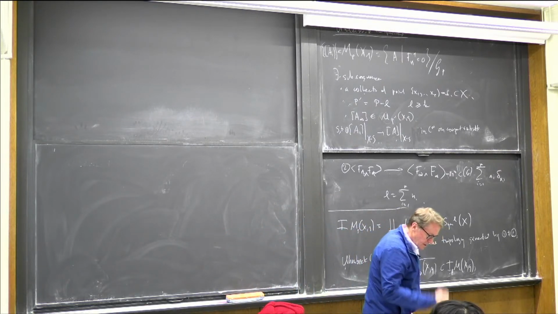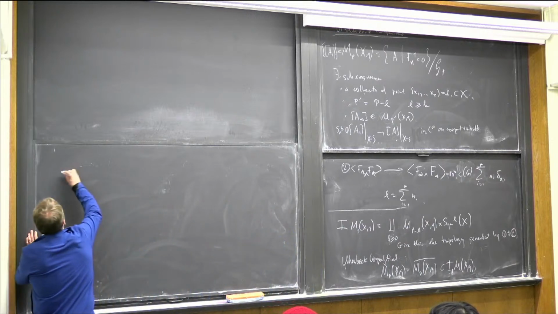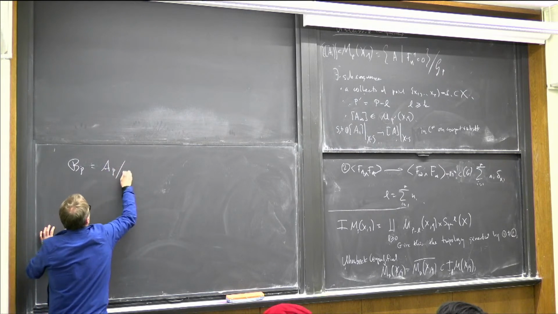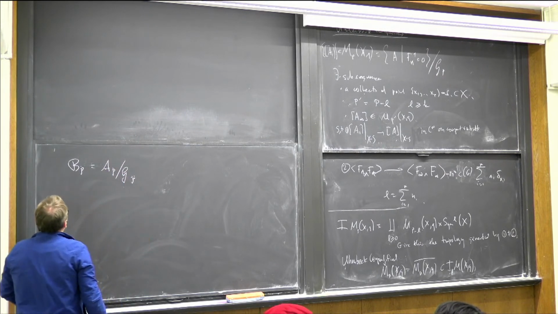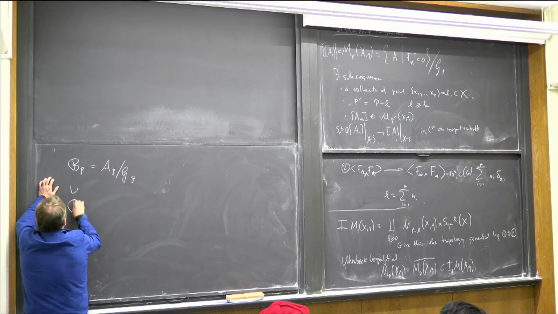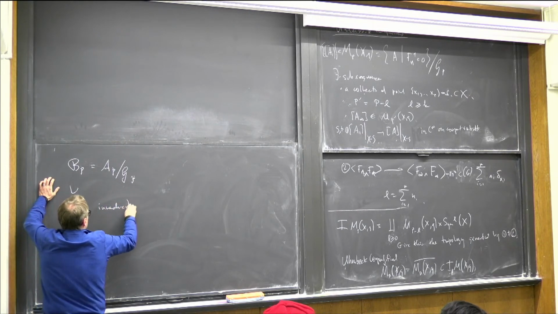So remember we have this space, which doesn't depend on the metric, the quotient of all connections by gauge transformations, that contains the irreducible connections.